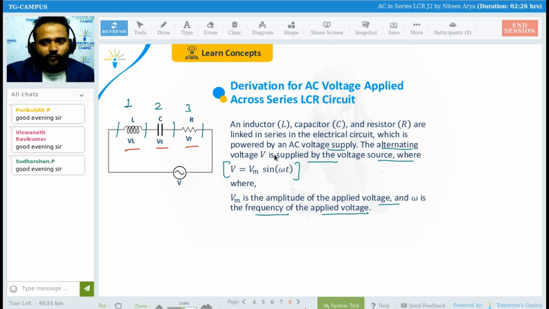Here we get the EMF, because whenever the current is passing through, there is an inductance process going on, and due to it there is an induced EMF. Induced EMF E is going to be minus L di by dt. Clear? You know this thing from the previous chapter. We carry this thing forward.